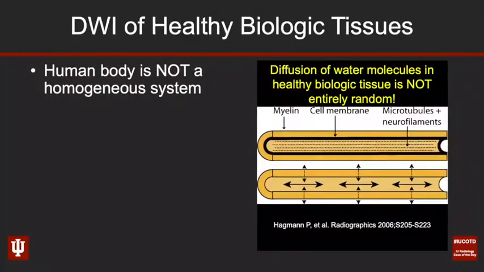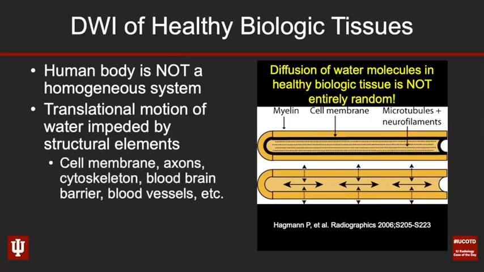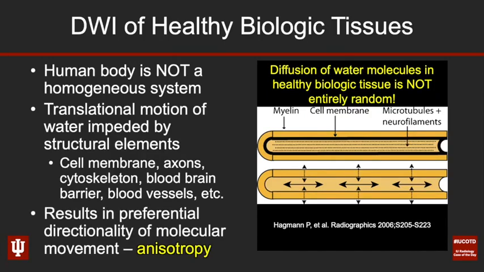Now keep in mind, the human body is not a homogeneous system, but instead, that translational motion of water is impeded by multiple different structural elements, and that can include things like the cell membrane, axonal structures, the cytoskeleton, blood vessels, blood-brain barrier, etc. And what happens is that results in a preferential directionality of the motion of molecules, what we call anisotropy, this functional preferential direction of diffusion. And that, for instance, in the axons results in diffusion of water molecules down the long axis of the axon.